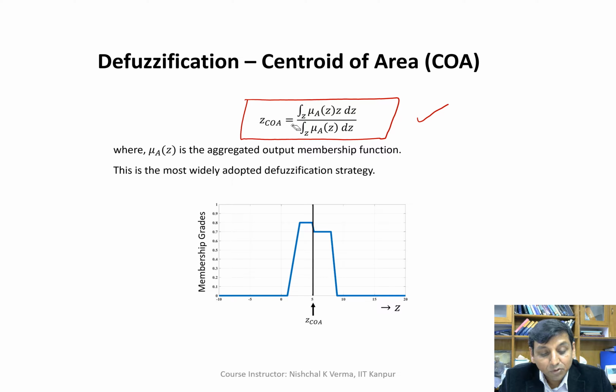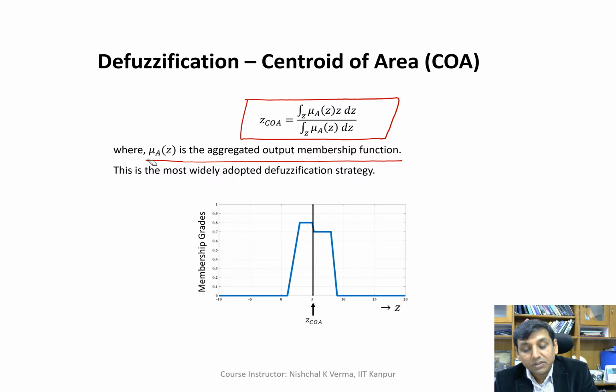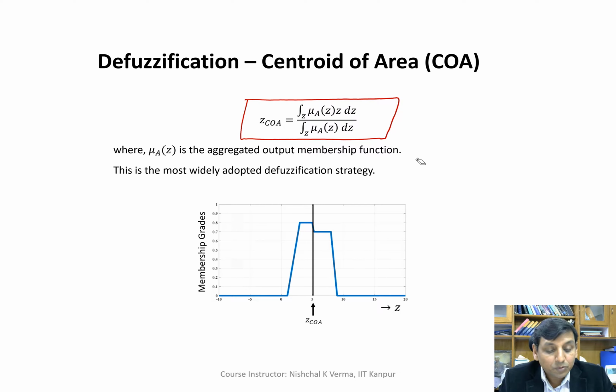So Z_COA, which is the crisp value, we get by integrating mu_A(z) times z dz, and dividing it by the integration of mu_A(z) dz, where mu_A(z) is the aggregated output membership function. This means it is the fuzzy output that a fuzzy model generates.